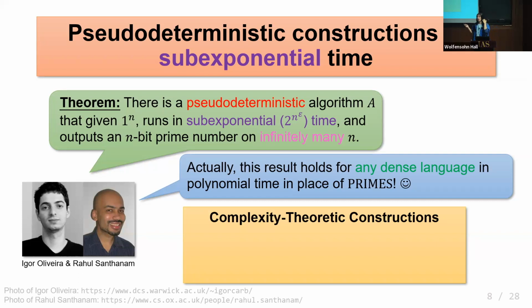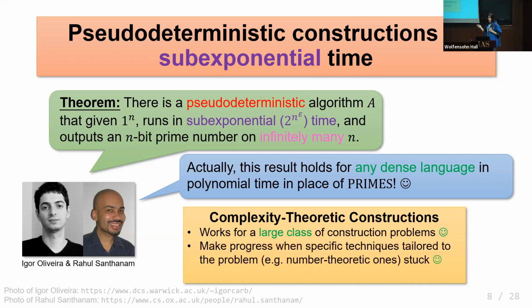I think this result illustrates some features of complexity theoretic constructions. It works for a large class of construction problems, like any dense language in polynomial time. It can sometimes make progress on problems that are otherwise hard to tackle.